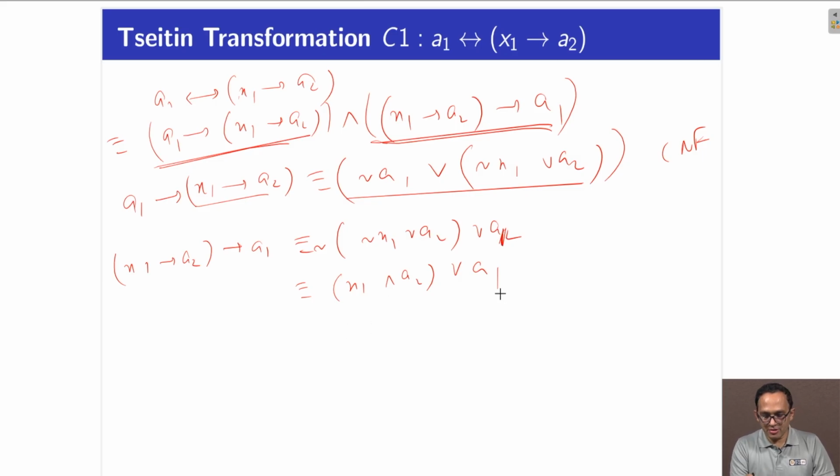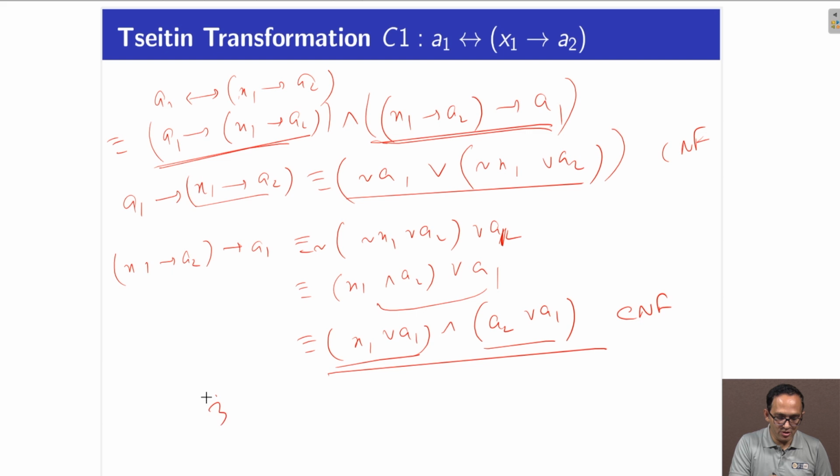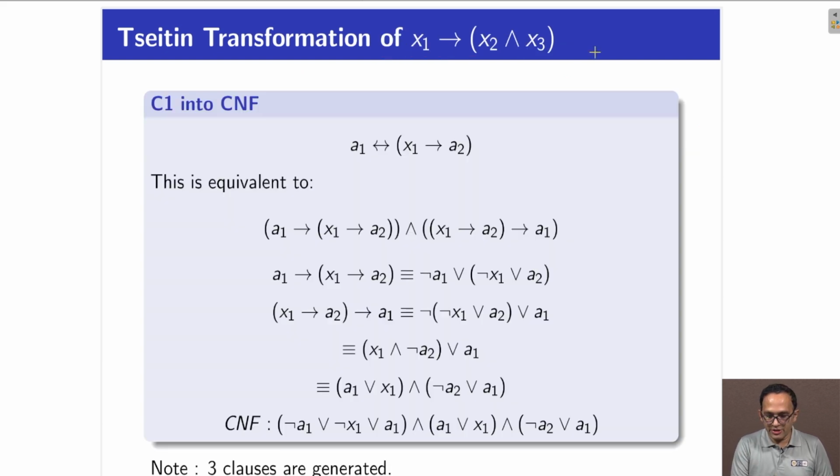So this is not in CNF, but I can distribute this, which is equivalent to (x1 or A1) and (not of A2 or A1). So this is in CNF, because this is a conjunction of clause 1 and clause 2. So I got three clauses from this one, which I have explained now.